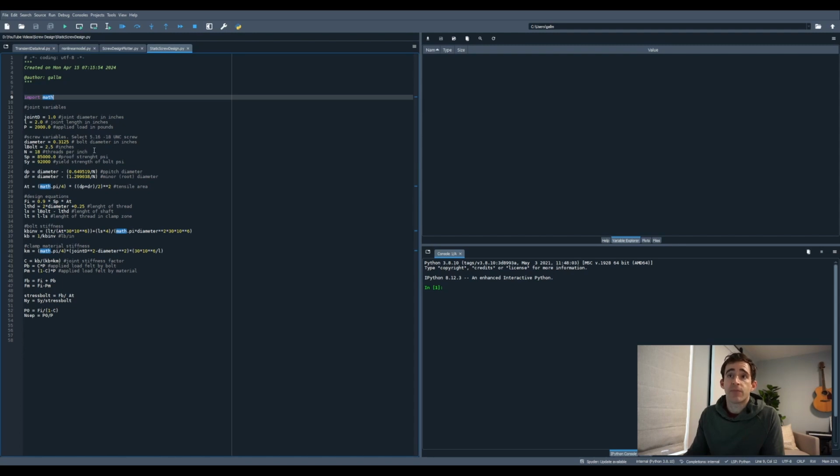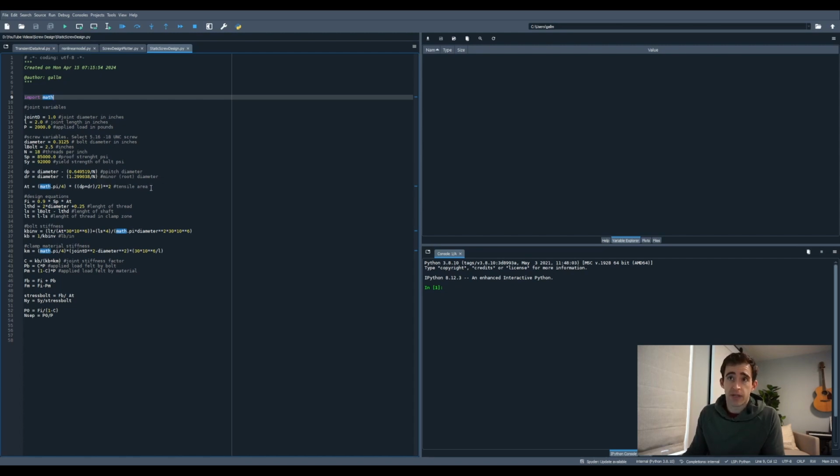I've got 18 threads per inch, so N equals 18. And then the proof strength from a material data sheet is 85,000 psi, and the yield strength of a steel bolt is 92,000 psi. Then I used my diameter equations that we went over to find my pitch diameter and my root diameter, and these are just the constants for a UNC bolt.